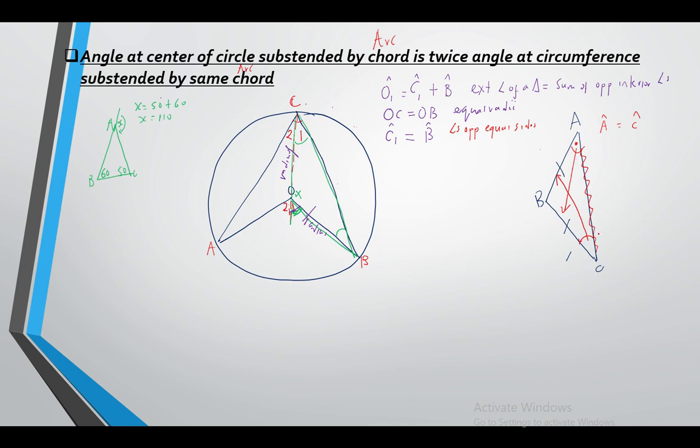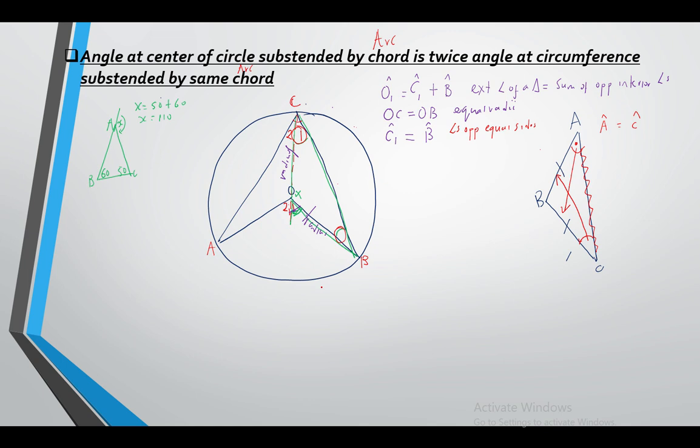The angle C is opposite to the side AB. So we say angles that are opposite to equal sides in an isosceles triangle are equal. So that's why we conclude that the angle C1 here is equal to the angle B. These angles are opposite to equal sides.